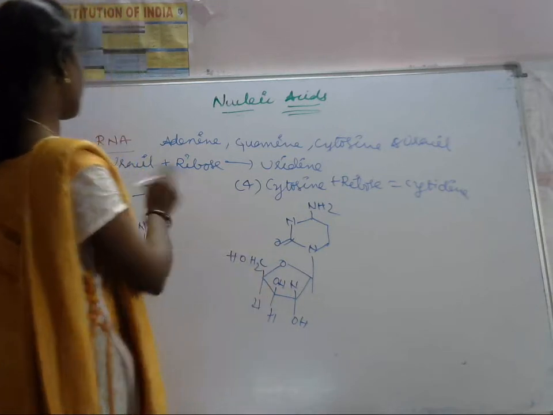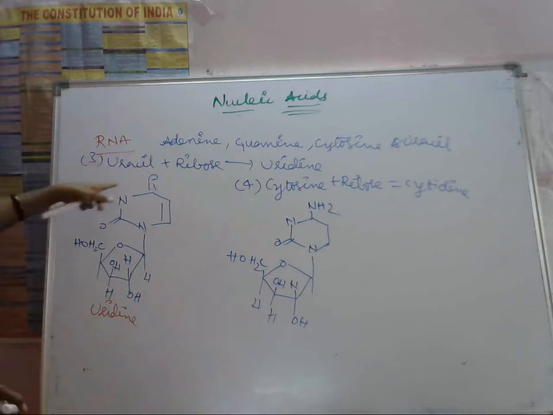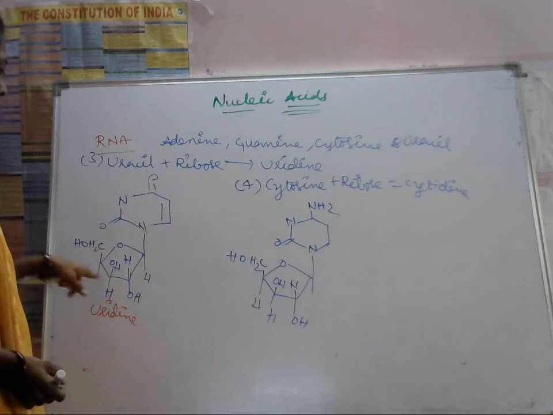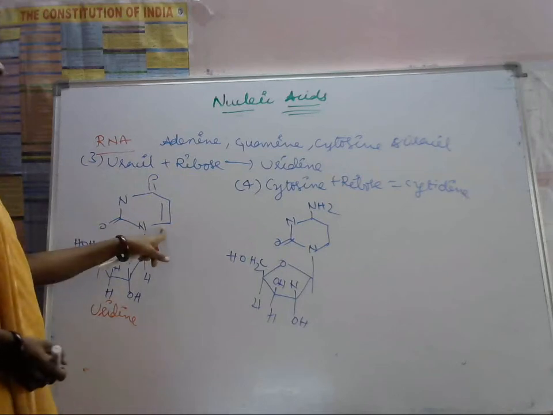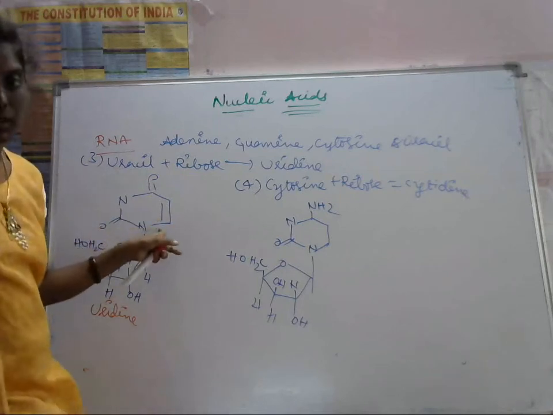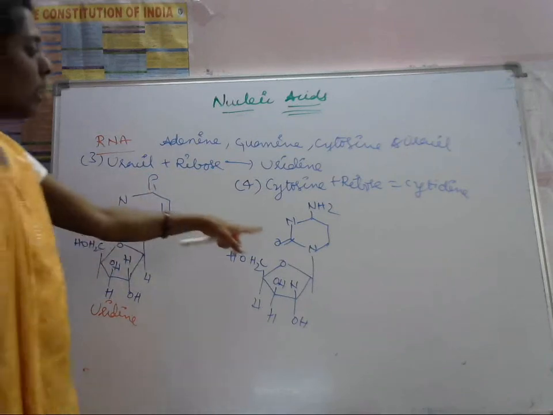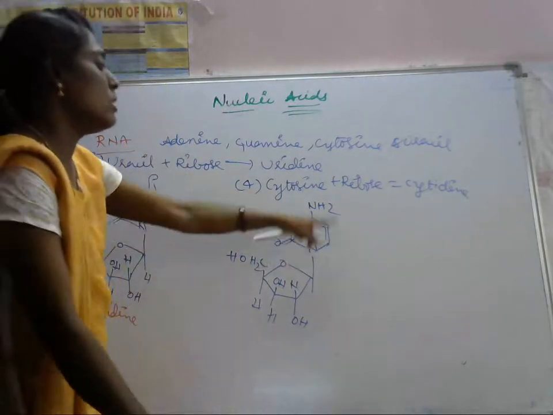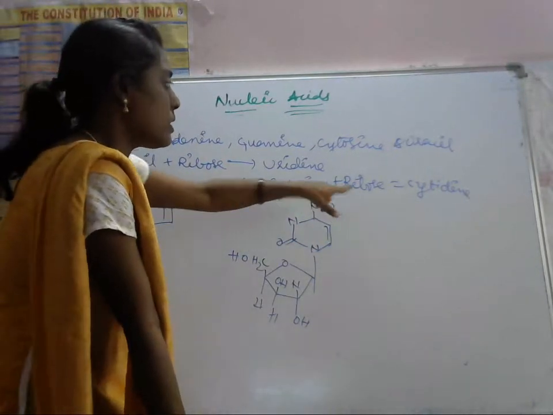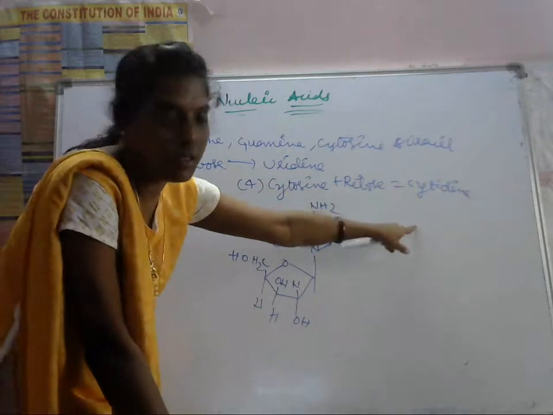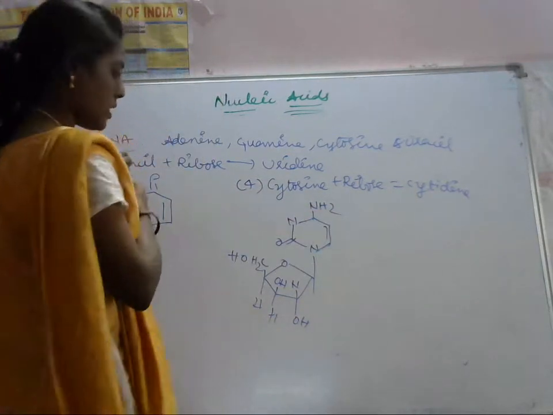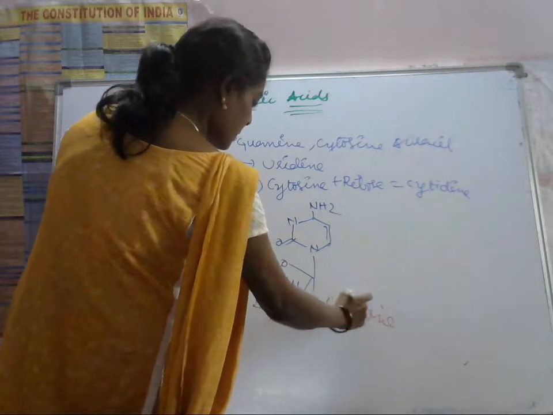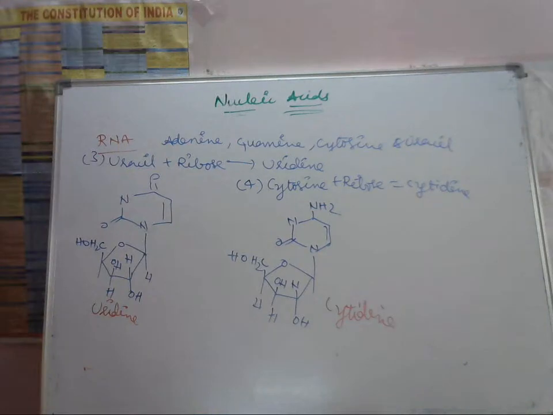Here if you see, uracil plus ribose is called uridine, meaning here it has ribose sugar along with this base, which is called pyrimidine. So this is nothing but uracil. And if you see here, this is a cytosine which is combined with this ribose and forms the cytidine. So this is the cytidine.